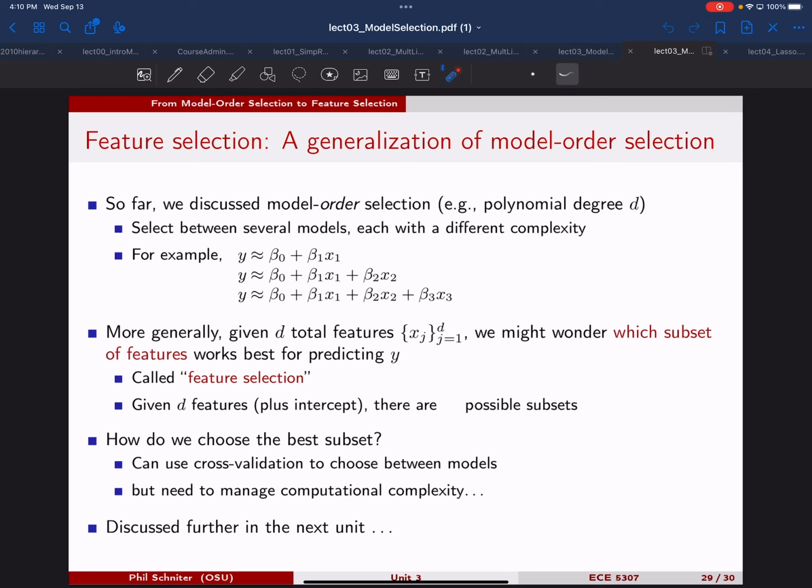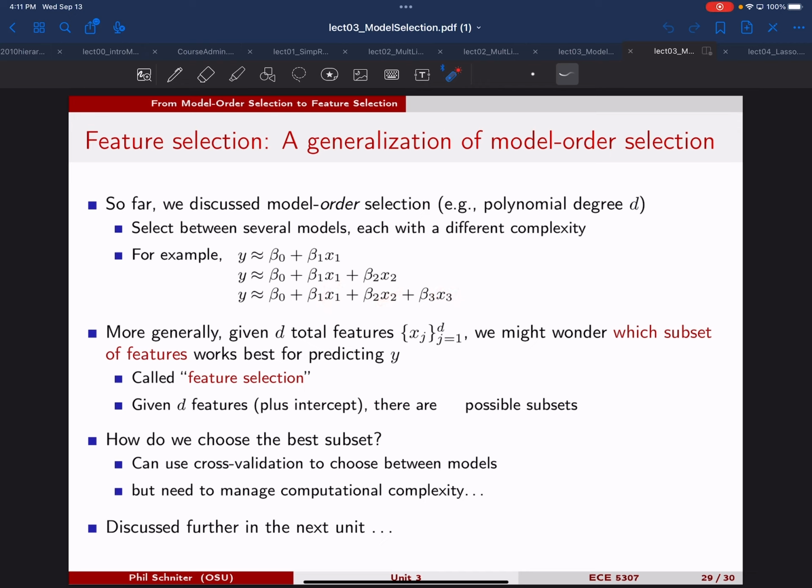And so, for example, the kind of choices that we are choosing between would be like, do I use one coefficient? Do I use two features? Do I use three features? And so on. But if you think about it, there's actually more flexibility that may be there for us. For example, maybe I want to use the first and the third features, but not the second.